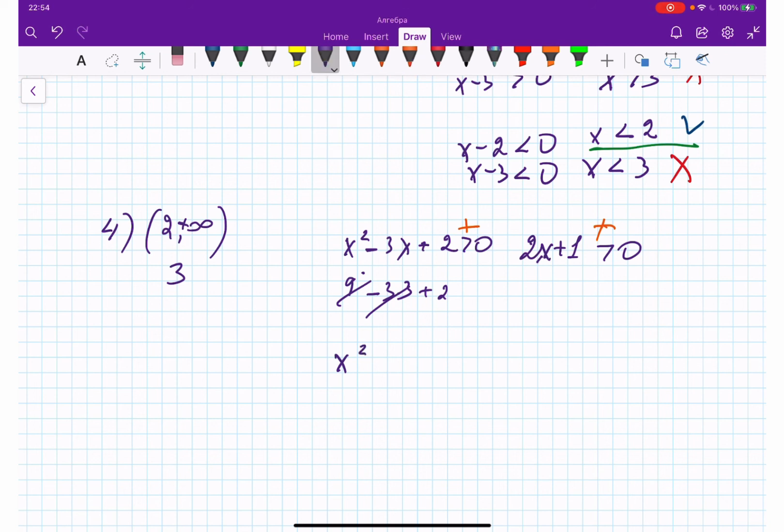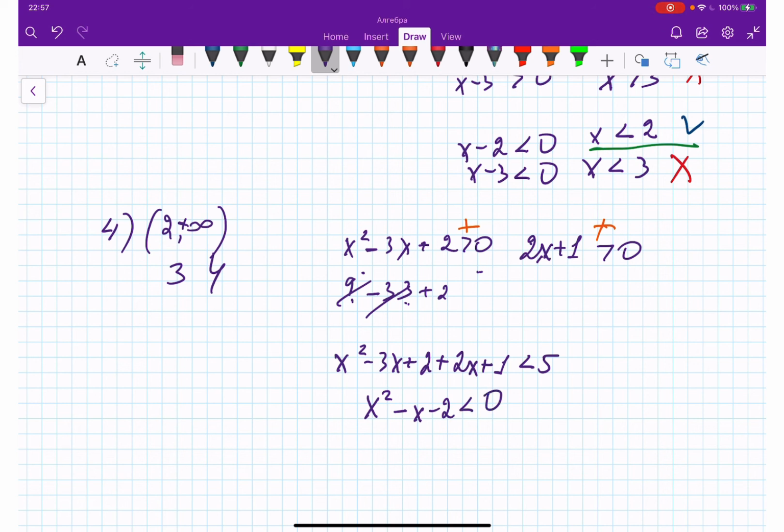x squared minus 3x plus 2 plus 2x plus 1 less than 5. Therefore, if we do simplification, we are going to have x squared minus x minus 2 less than 0.